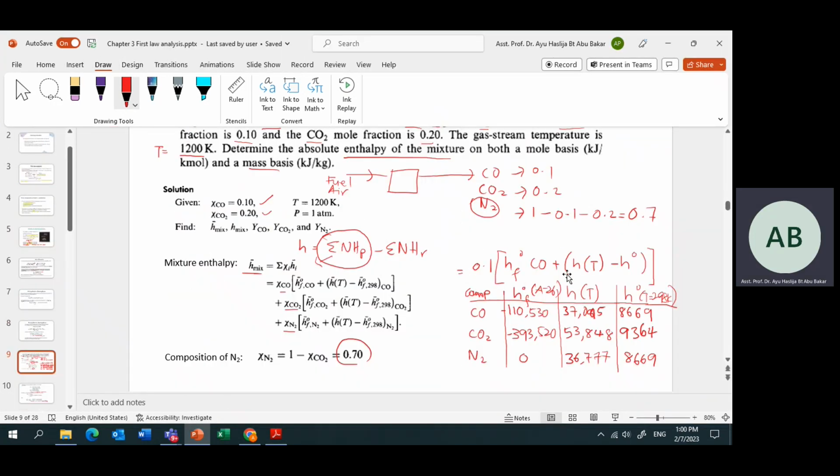Once you get the info for each of the gases, plug into this equation: CO, CO2, and N2. We know the mole fraction of N2 is 0.7, then multiply by the heat of formation of N2, which is 0, plus the sensible heat of N2, at the particular temperature and at reference.